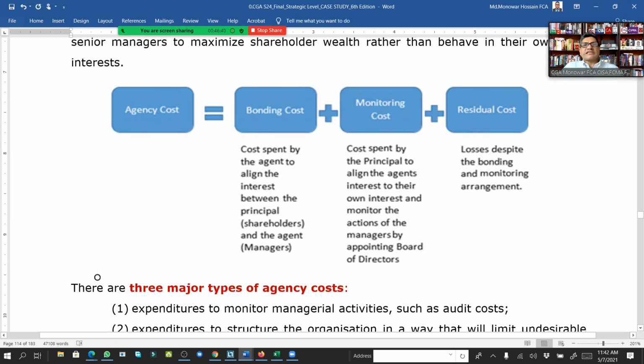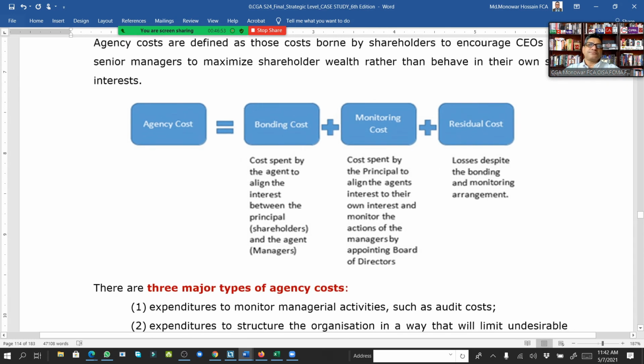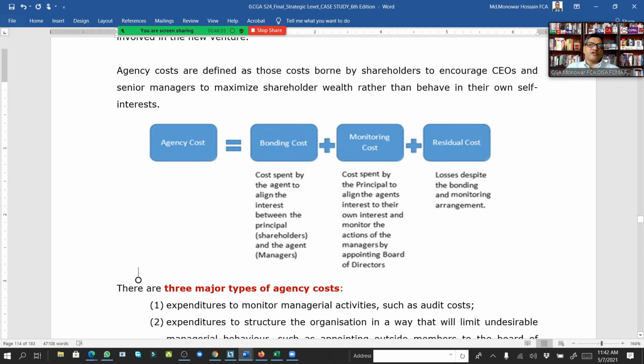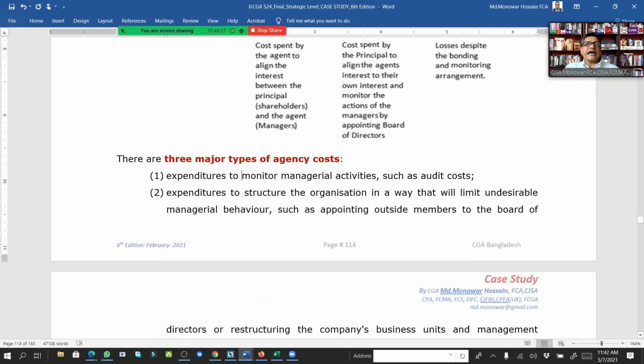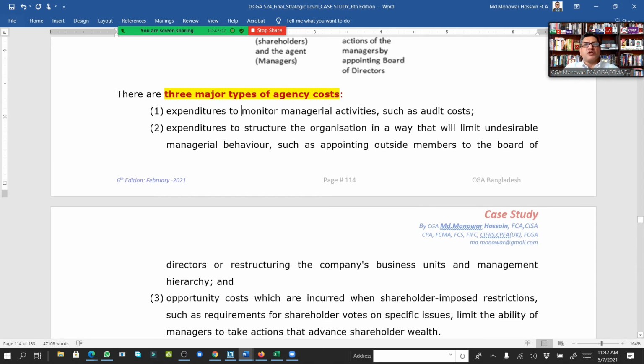Bonding cost is the cost spent by the agent to align the interests between the principal, the shareholder, and managers. Monitoring cost plus residual cost also make up the total agency cost. There are three major types of agency cost. One is expenditure to monitor management activity, such as audit cost.